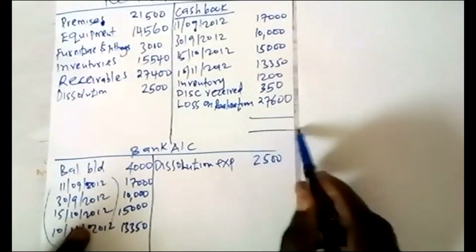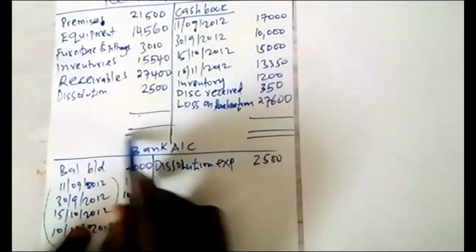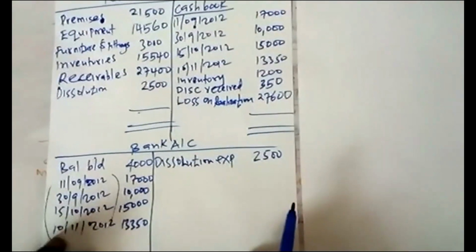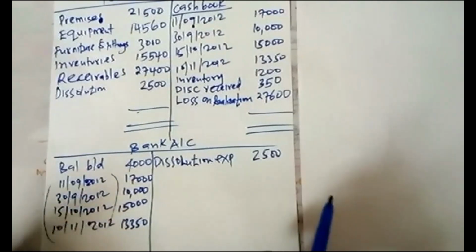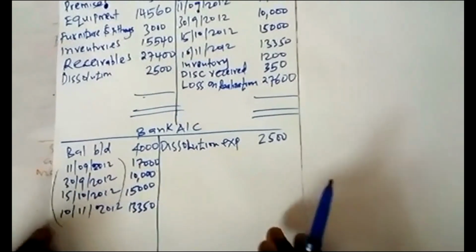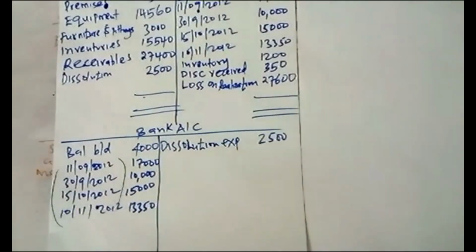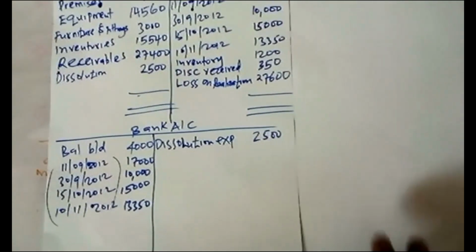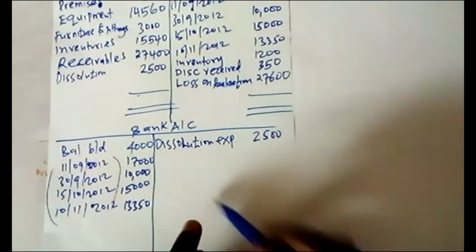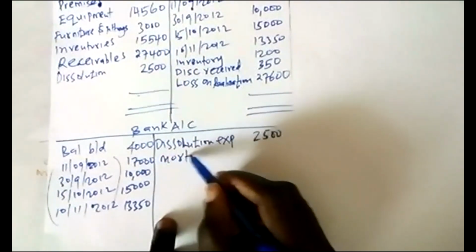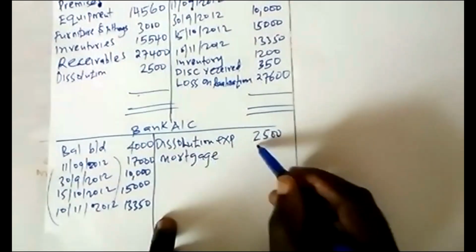If you balance, this account is supposed to balance automatically because now we are dissolving the partnership. Then what is remaining at the bank? What were they paying? We are supposed to credit. Remember that they paid mortgage. Mortgage was 12.